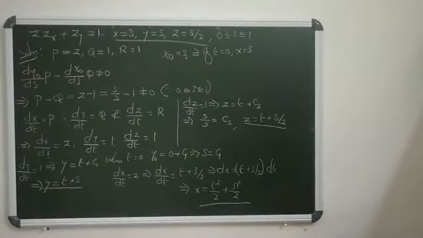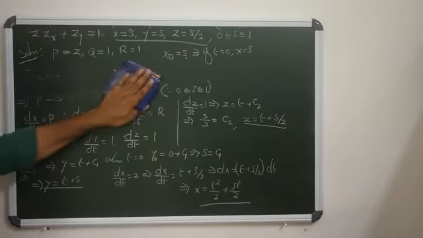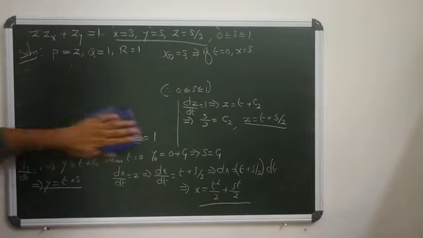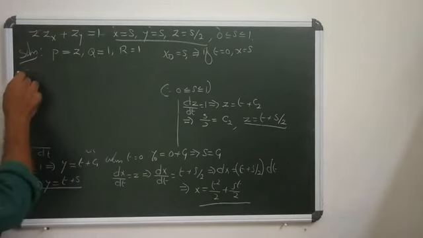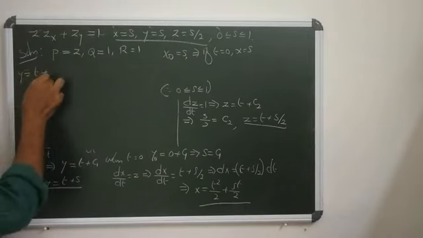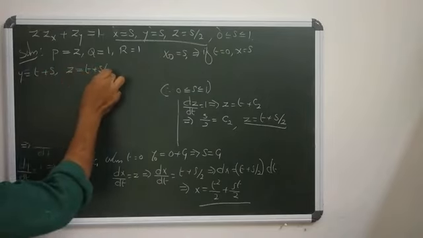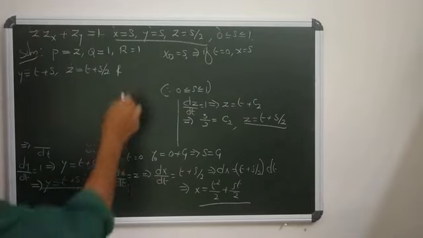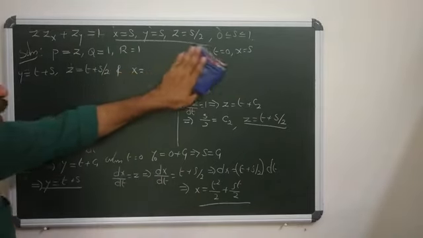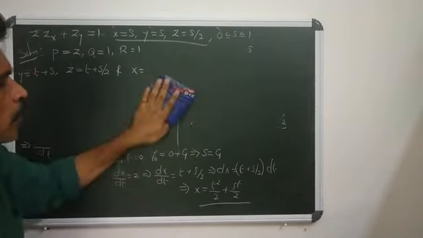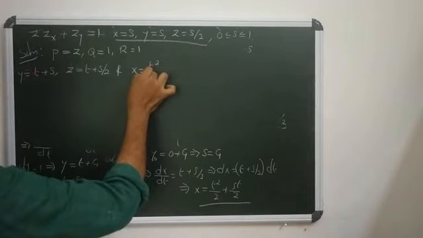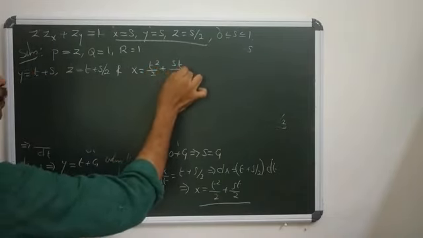So we obtained the different values of x, y and z. What is y? Y equals t plus s, z equals t plus s by 2, and x equals t square by 2 plus st by 2.